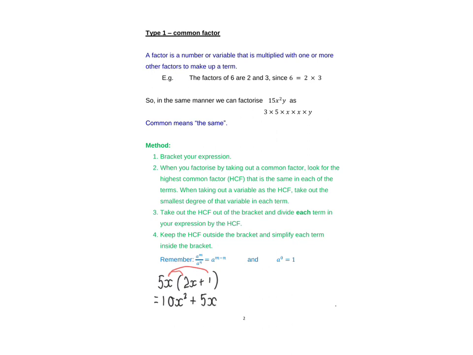Okay, so that common factor, that factor of 5x, is contained in each of the terms in my product over here, 10x squared, and in 5x itself.